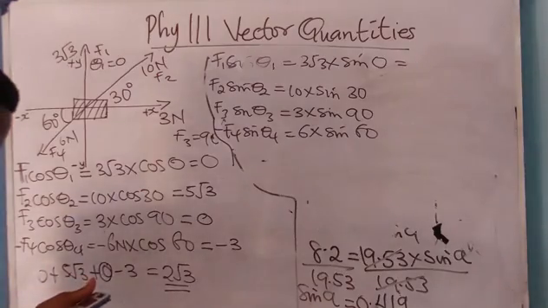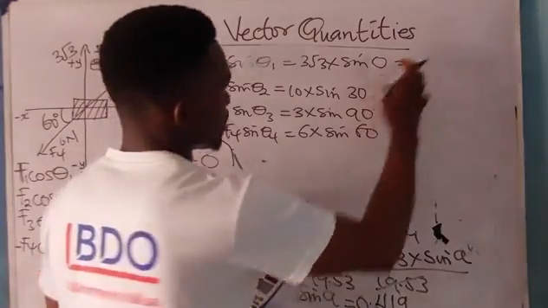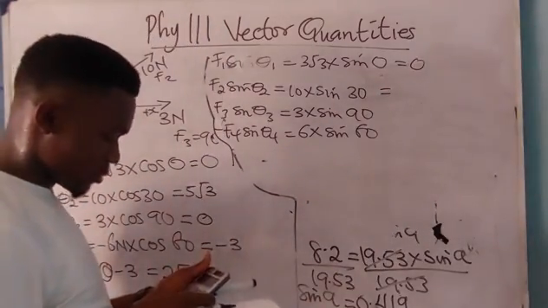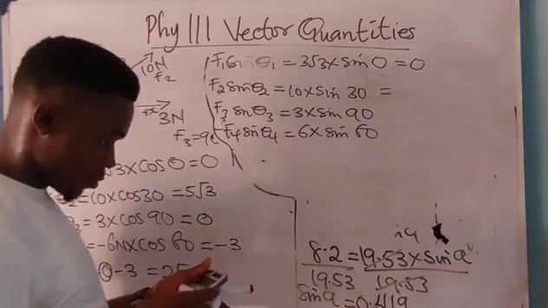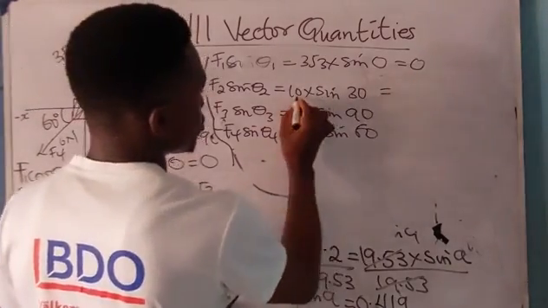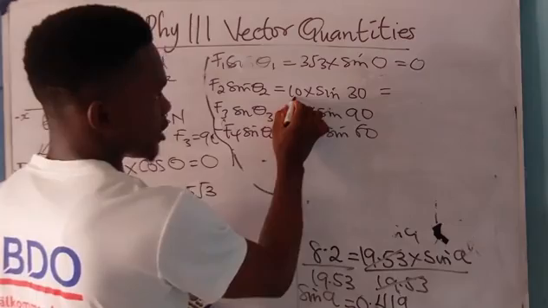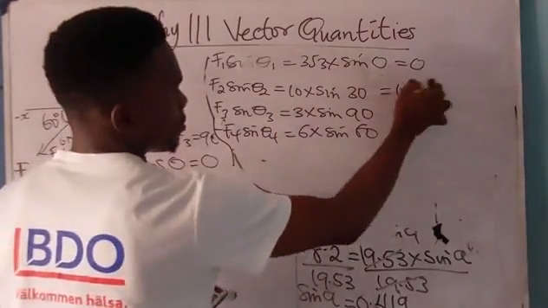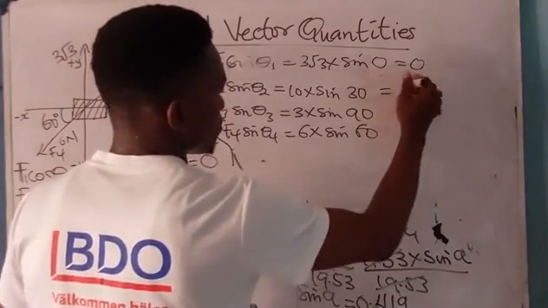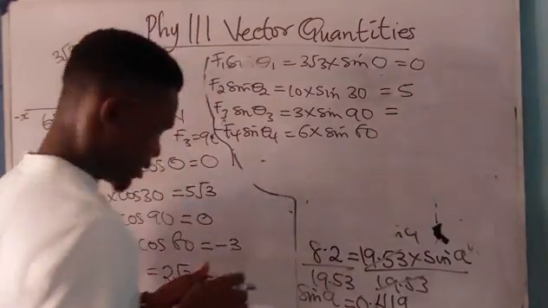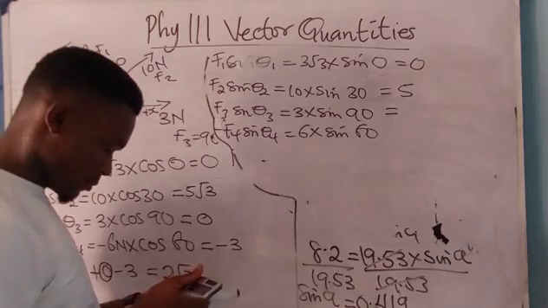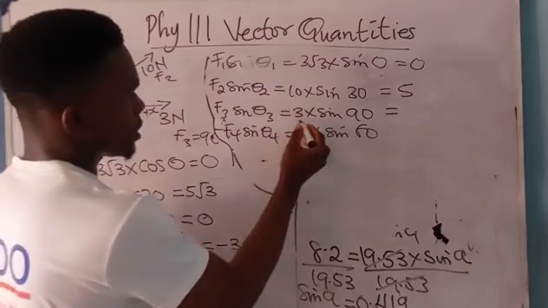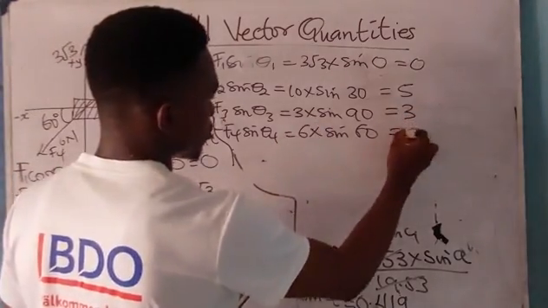Sine 0 is 0, so everything here is 0. Sine 30 is 1 over 2, so 10 times 1 over 2 is 5. Sine 90 is 1, so 1 times 3 is 3.